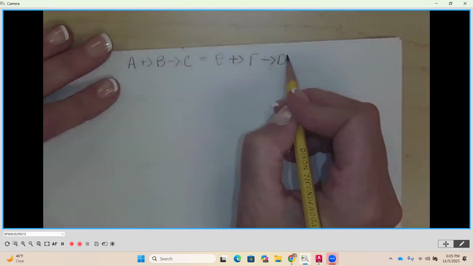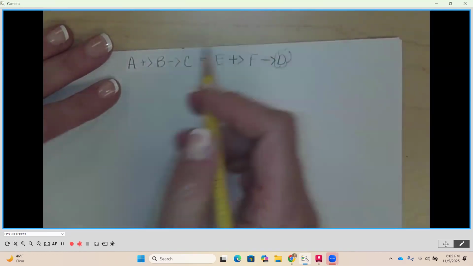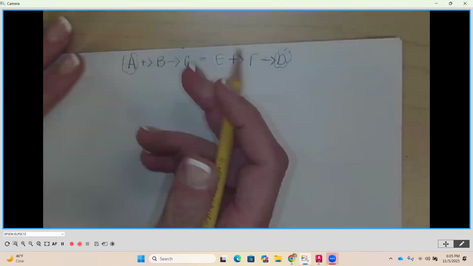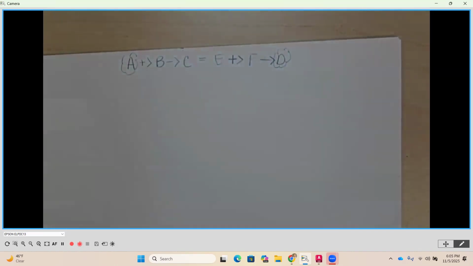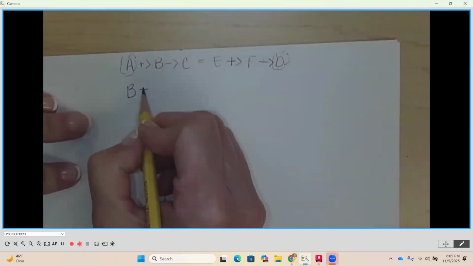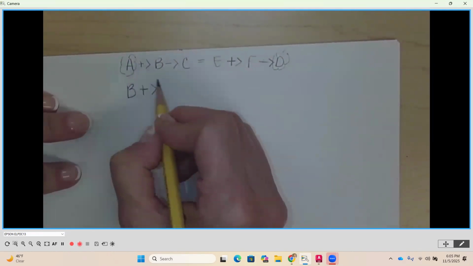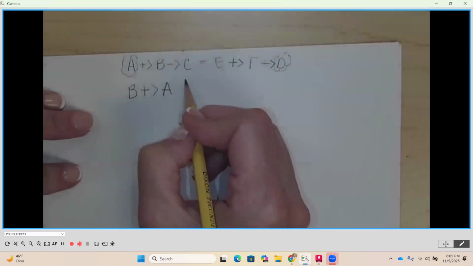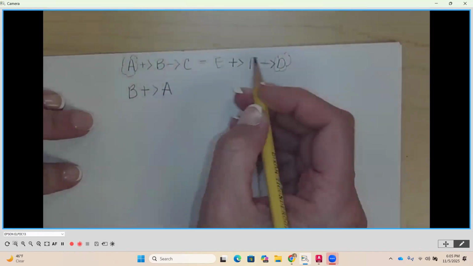Now, because D has an unknown quantity and A has an unknown quantity, both of those need to be at the end of the string on whatever side they're on, right? As we had seen on the last one. So we are going to start with B on the left-hand side, and we're going to add A, okay? C is going to move over here on the right-hand side.